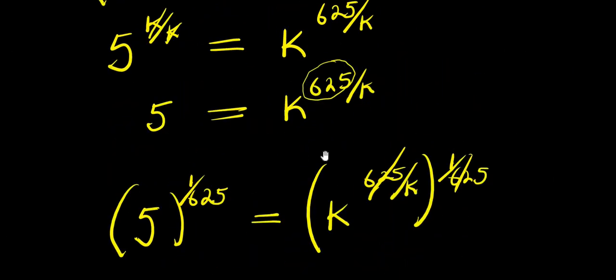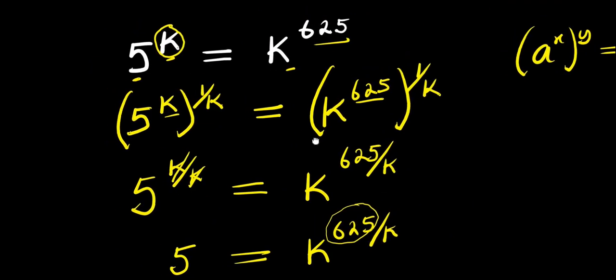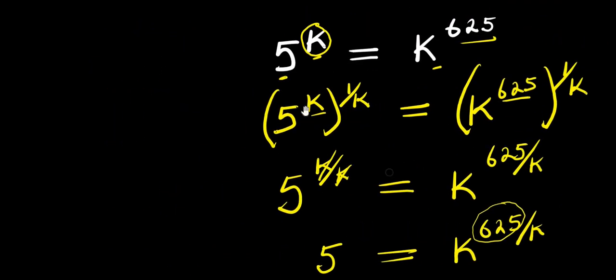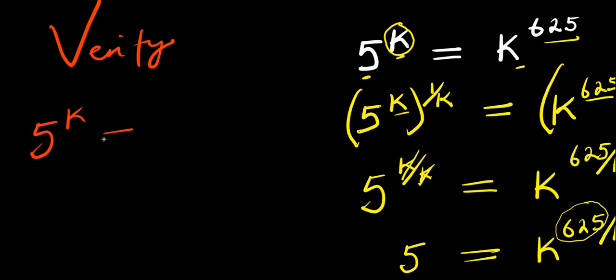So let's go ahead and verify this particular answer. Let's check if this particular value of k will satisfy the equation. I'll verify. 5^k equals k^(6/5), and my k is 3125.